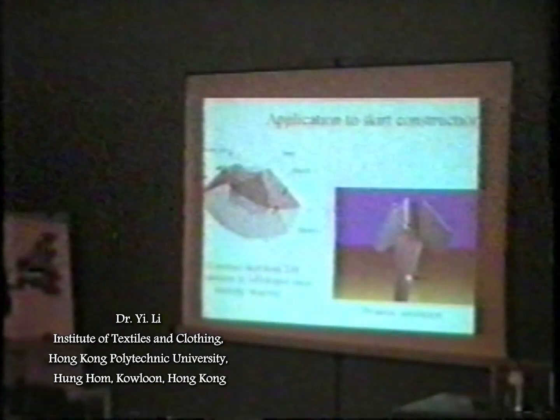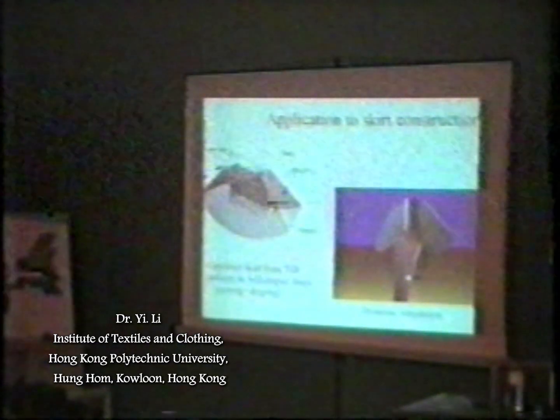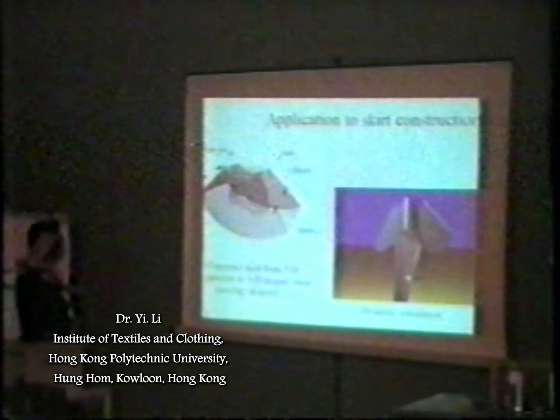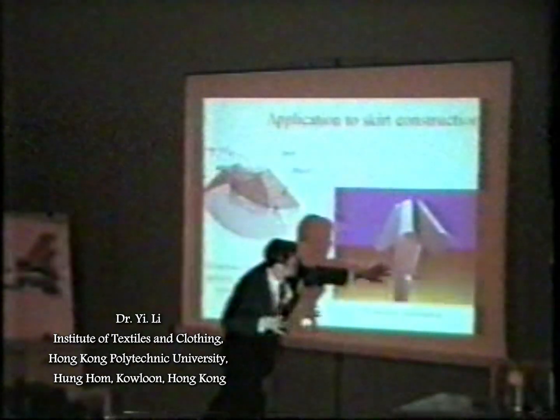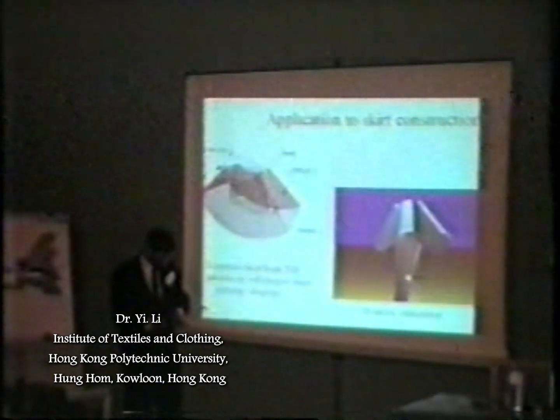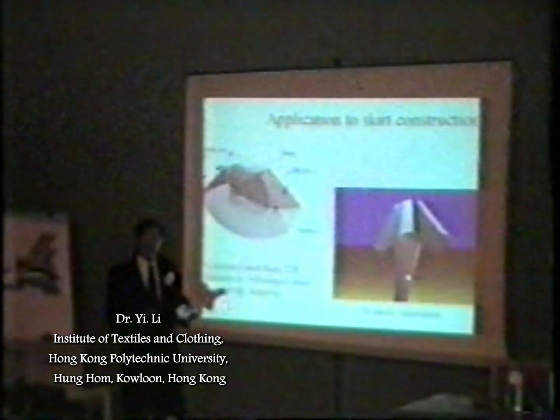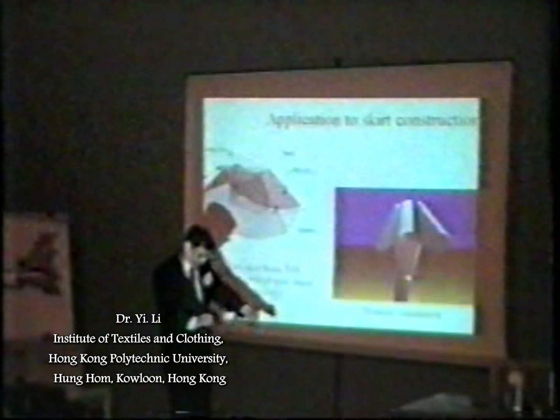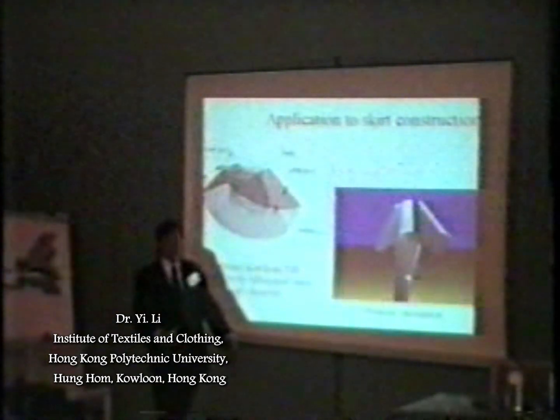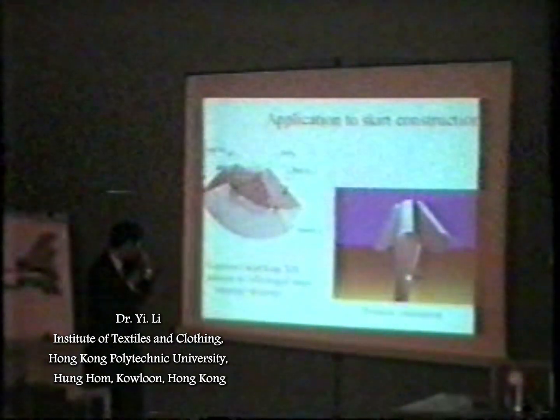Further, we use this to simulate garments. What I'm going to have is a body inside like this. Then the people have a very simple pattern to cut the fabrics and just fold the arm to become a skirt.